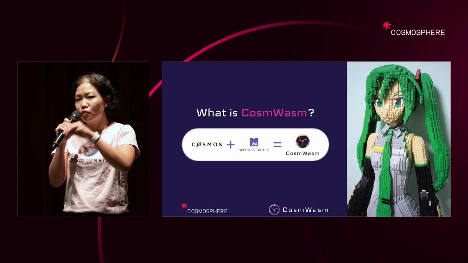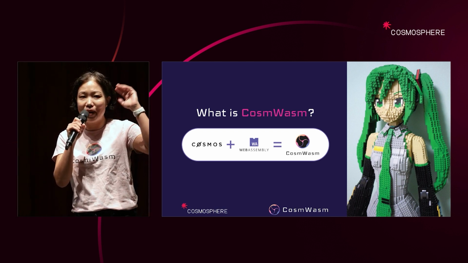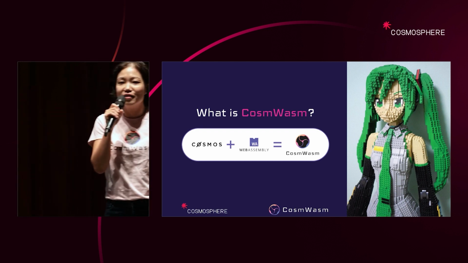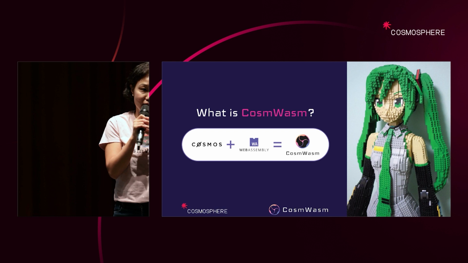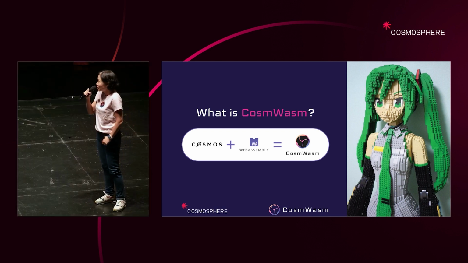So there are different types of modules. As you can see here, you can make a figure out of these Lego blocks. You can build a chain by combining these modules. And CosmWasm is one of these modules for a Cosmos SDK chain.